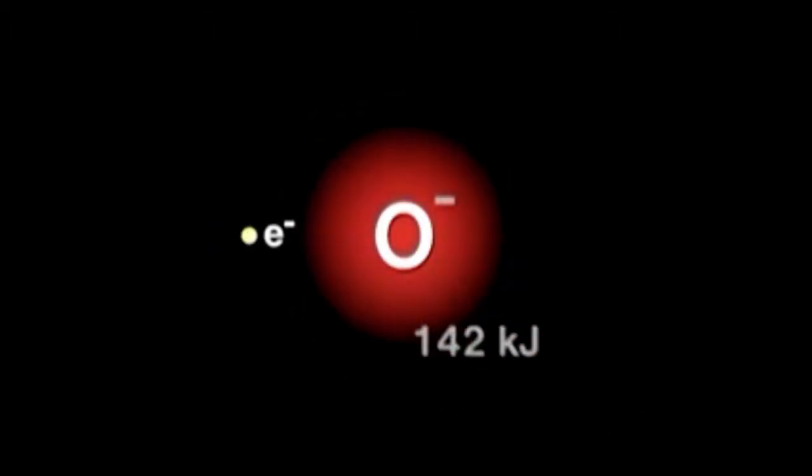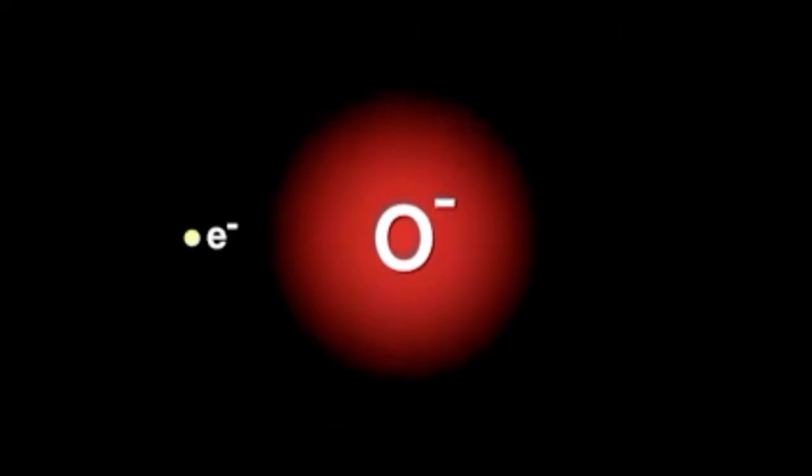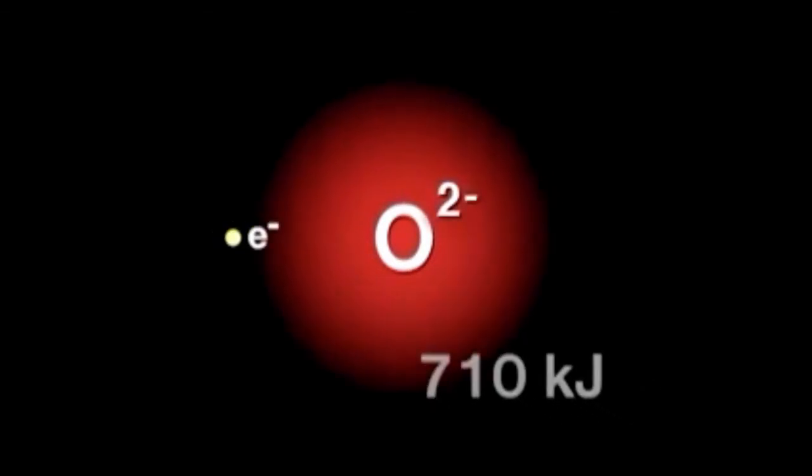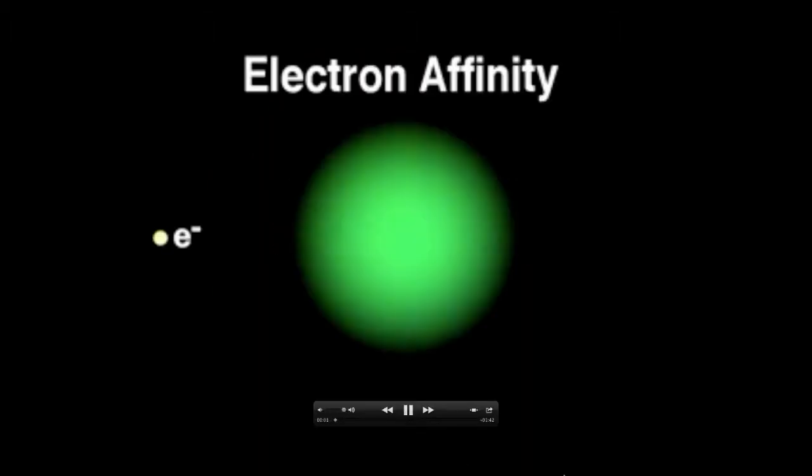Addition of an electron to the neutral oxygen atom is also an exothermic process. However, addition of a second electron to form the oxide ion is an endothermic process. This means that work must be done to force an electron onto the singly charged ion to form the oxide ion, O2-.